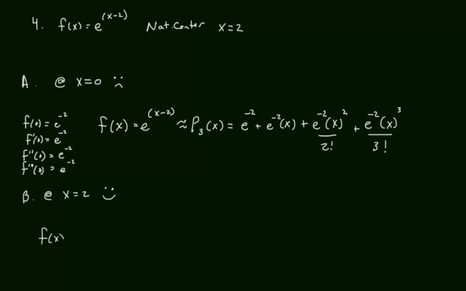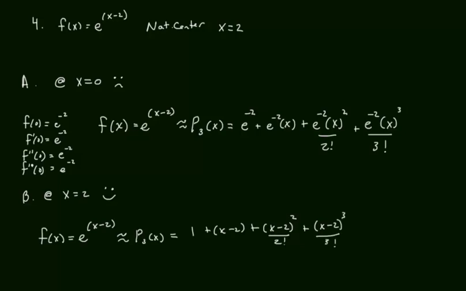So f of x, which equals e to the x minus 2, is approximately, this one was also third order, P3 of x, which equals 1 plus x minus 2 plus x minus 2 squared over 2 factorial plus x minus 2 cubed over 3 factorial. When it's natural center, I can keep going on and on and on, and I can get more and more terms with ease. So here it is.